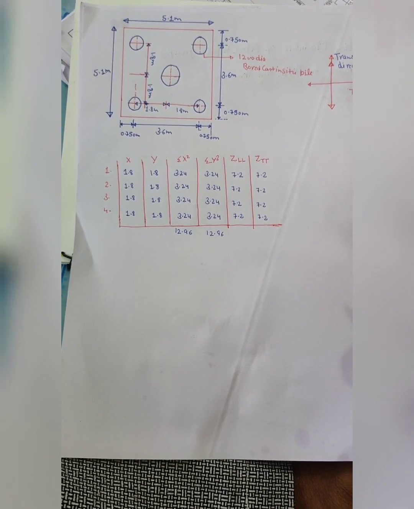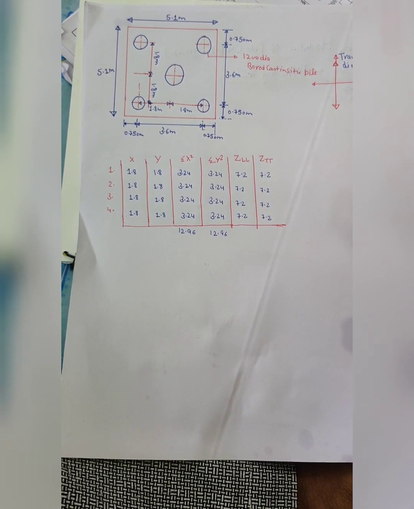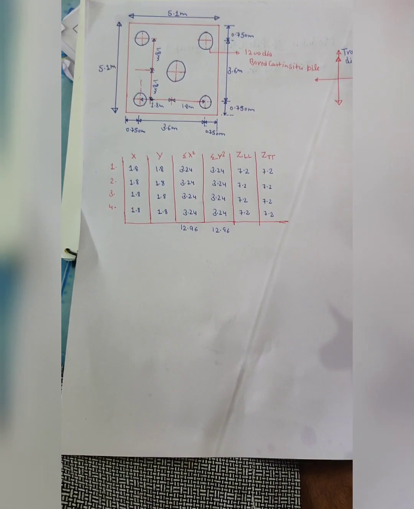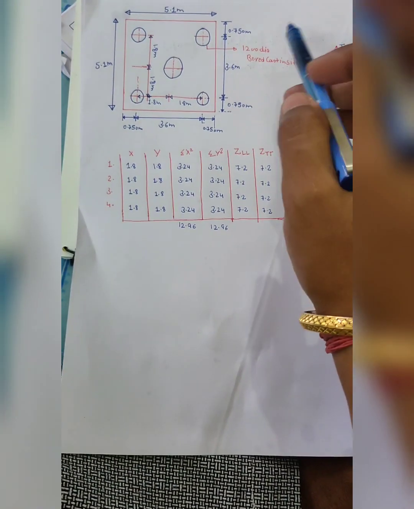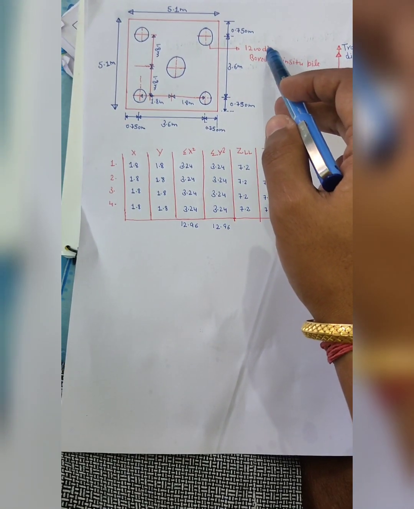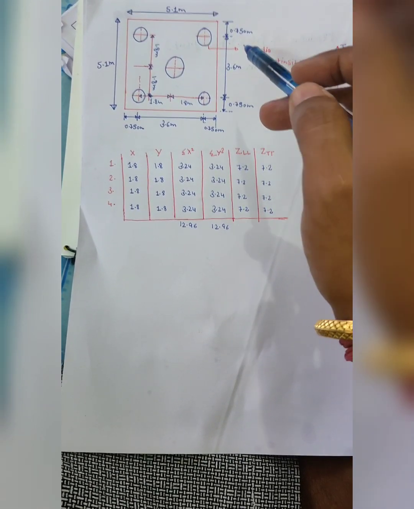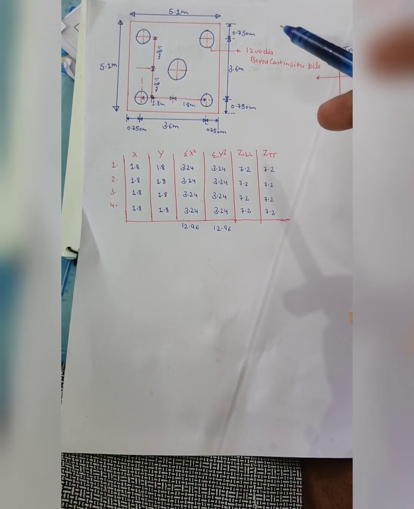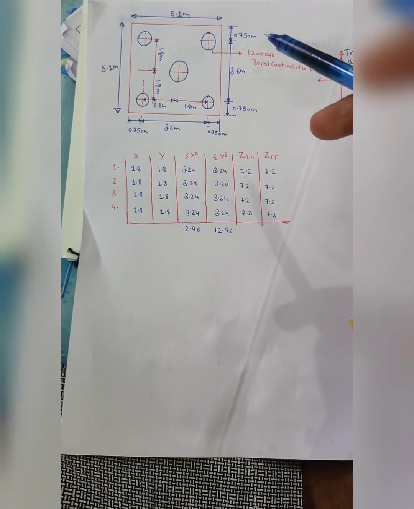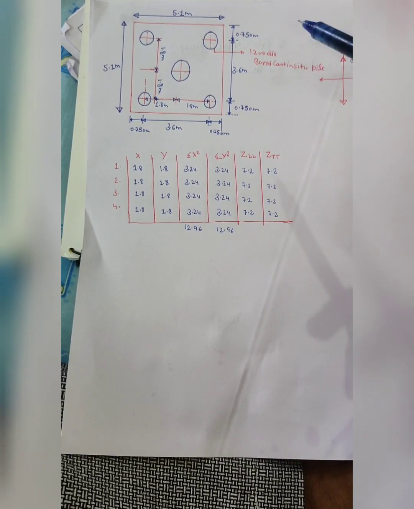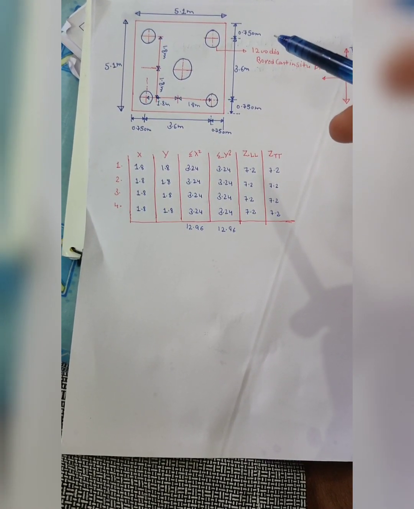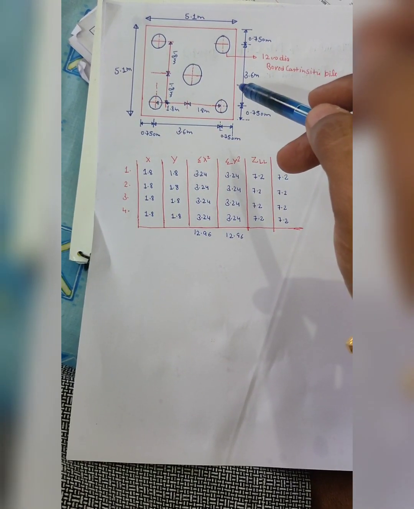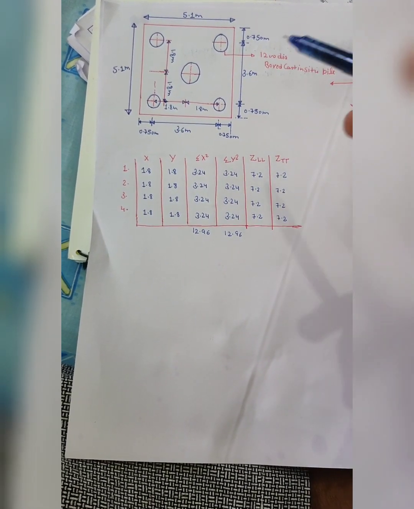Here generally we take the depth of the pile cap as 1.5 times the diameter of the pile. Here we consider a diameter of 1.2, so we will consider 1.5 into 1.2. According to the IRC codes we take a depth of 1.8 meter in this pile cap, which will fulfill the requirement.